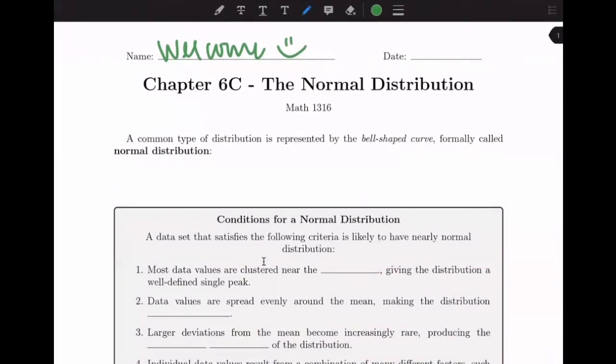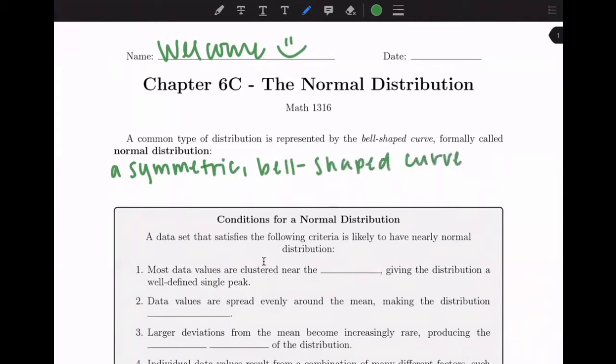A common type of distribution is represented by the bell-shaped curve, formerly called normal distribution, which is a symmetric bell-shaped curve with a single peak.